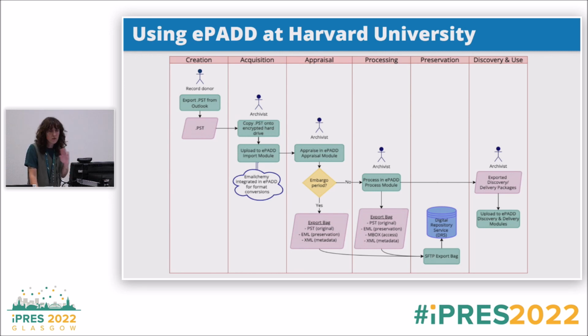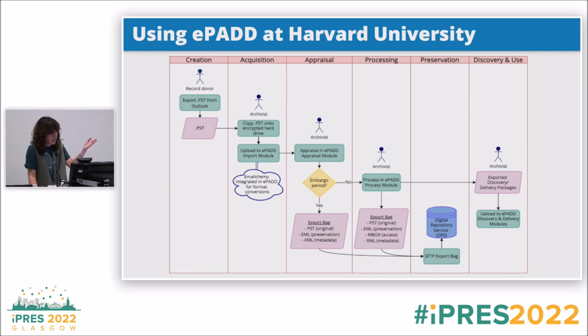We actually get a huge range of formats from the different units. Our art museum and our archives are our main email archiving units right now. So this is based on an archives use case, but they get a big range of formats and in a lot of different ways. They might get hard drives, they might get whole computers left to them, they might have people leaving that export their Outlook email accounts.